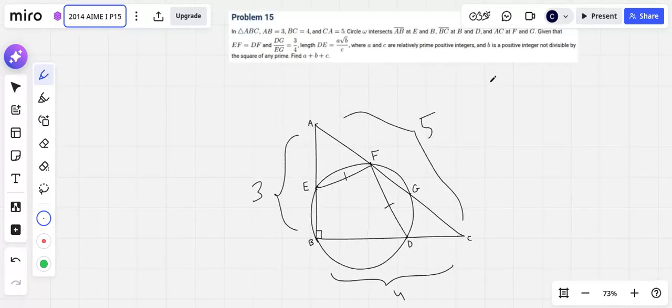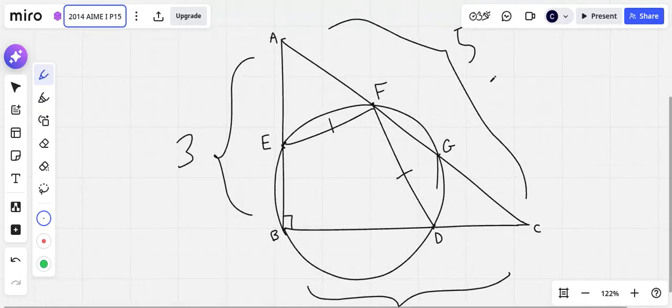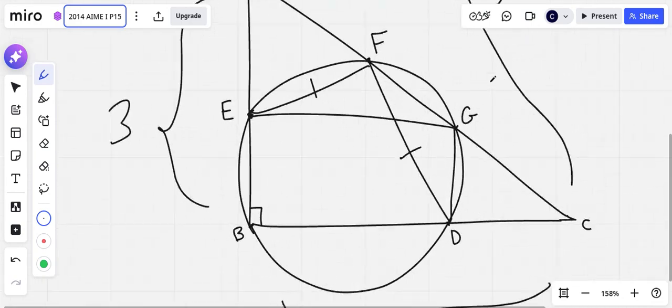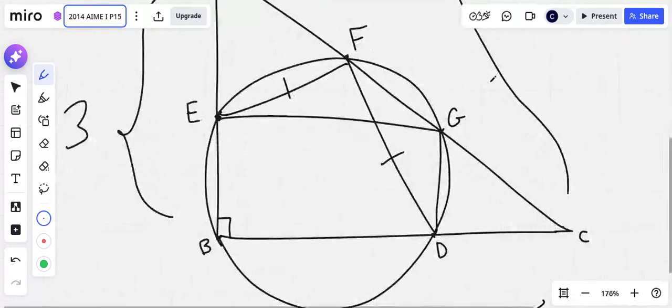And then DG over EG is 3 over 4. Now, since we don't know the exact value, we can call this 3r and 4r.